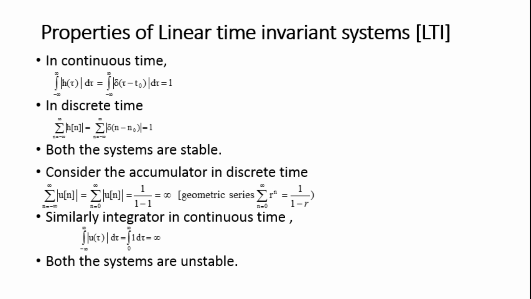That is, according to the geometric series, the summation n equals 0 to infinity r to the power n is equal to 1 by (1 minus r). Similarly, for the integrator in continuous time, the integration from minus infinity to infinity of |u(tau)| d tau is equal to the integration from 0 to infinity of 1 d tau, which is equal to infinity. Hence, both the systems are unstable.